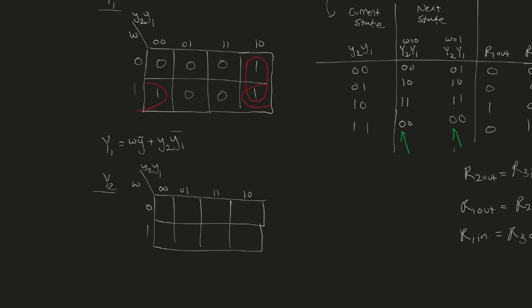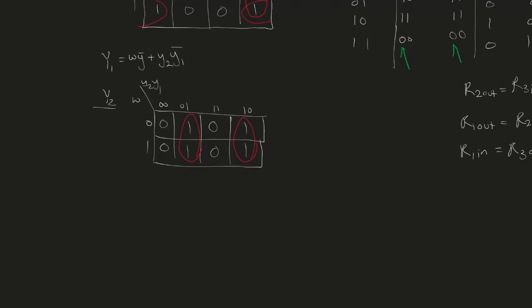So W equals 0 is, for 0, 0, it's 0. For 0, 1, it's 1. For 1, 0 is 1. And for 1, 1, it's 0. And then the other one is 0, 1, 1, 0. So we circle these two. And Y2 should be equal to Y2 naught Y1 plus Y2 Y1 naught.